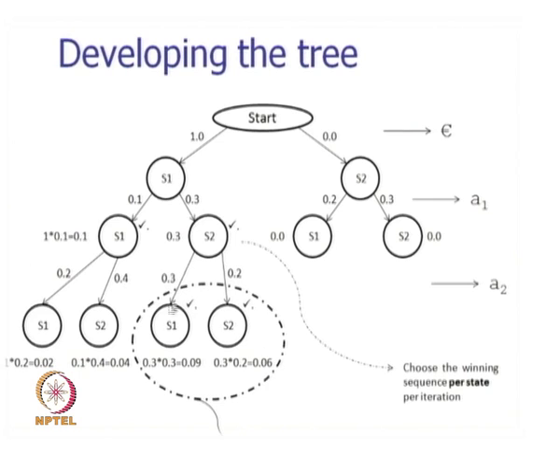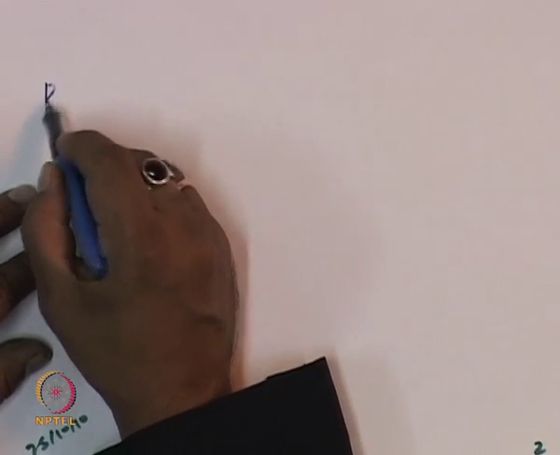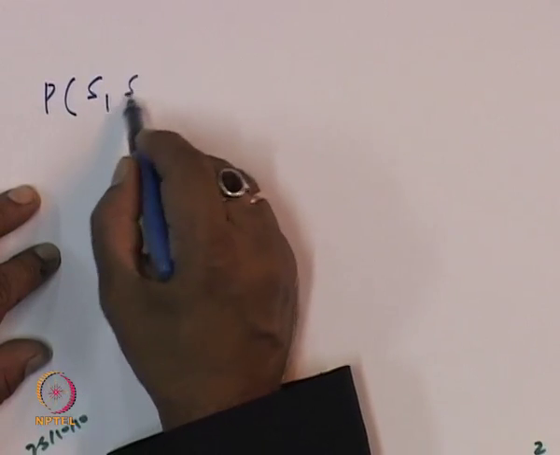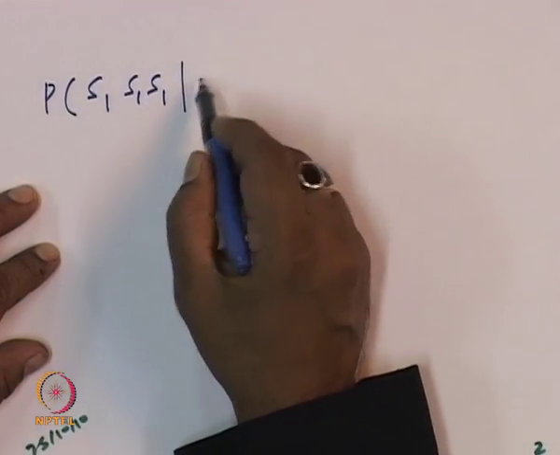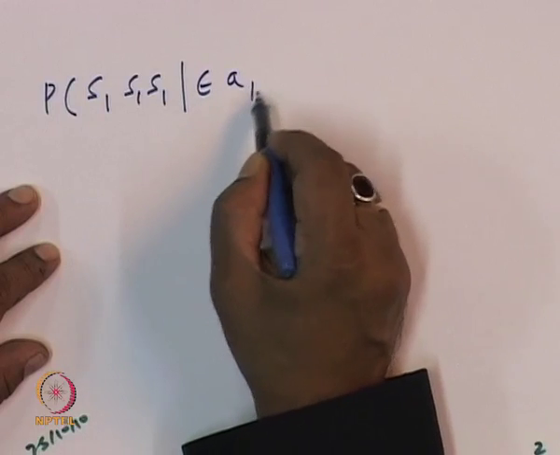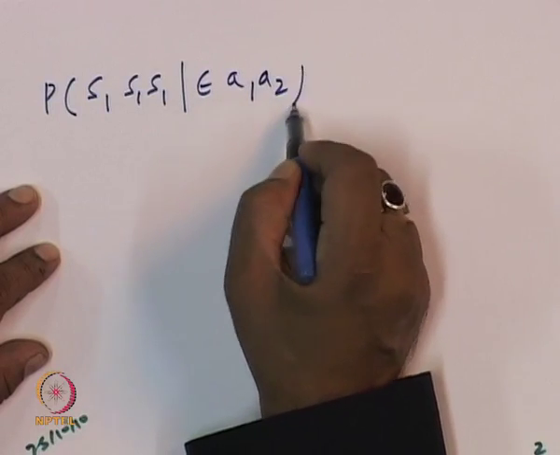Now, it is quite easy to see that what we have been doing is correct. We will do a slight amount of mathematical calculation to show that our theory is fine as far as this mathematical task is concerned. We would like to compute the probability of S1, S1, S1 given the sequence A1, A2.